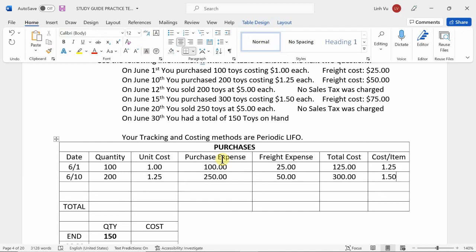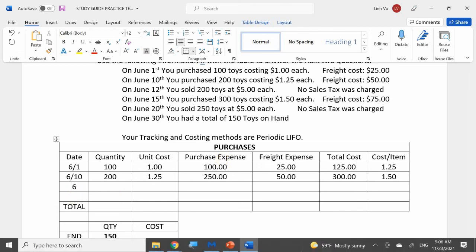Then June 15 rolls around, and we end up purchasing 300 units at $1.50.